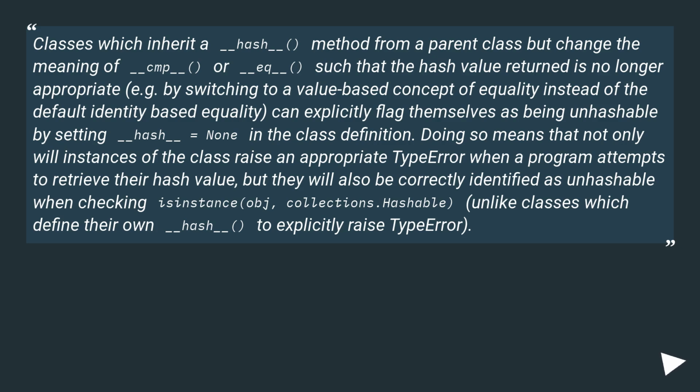Doing so means that not only will instances of the class raise an appropriate TypeError when a program attempts to retrieve their hash value, but they will also be correctly identified as unhashable when checking isinstance(obj, collections.Hashable), unlike classes which define their own __hash__ to explicitly raise TypeError.